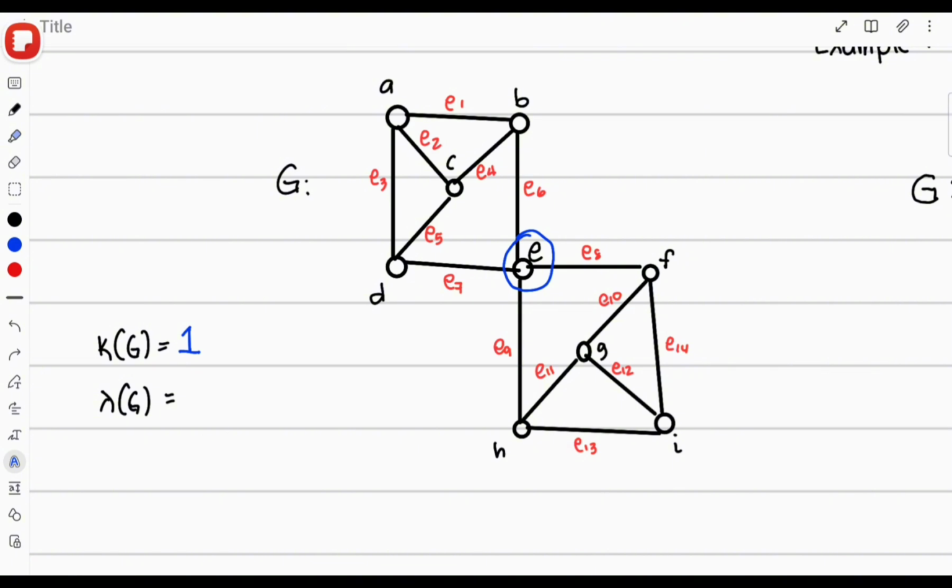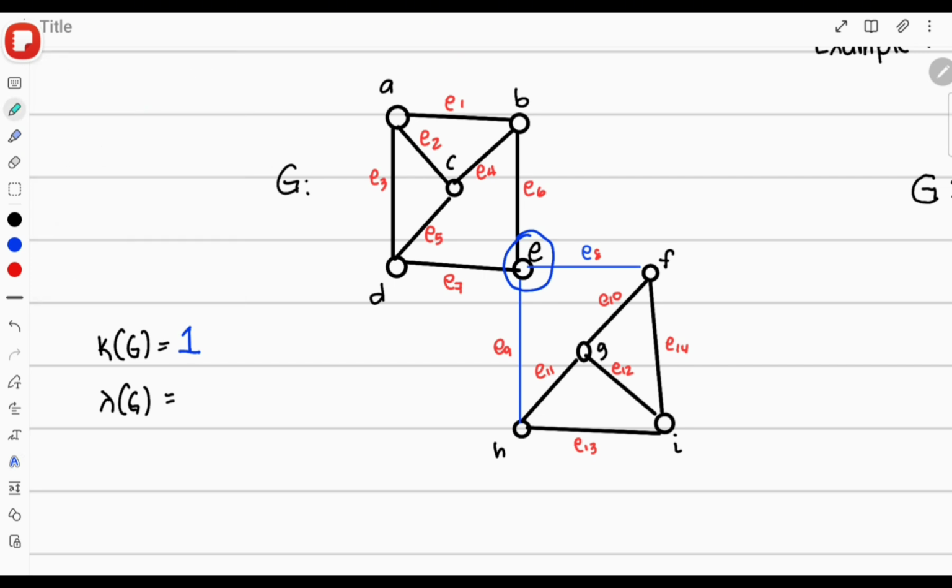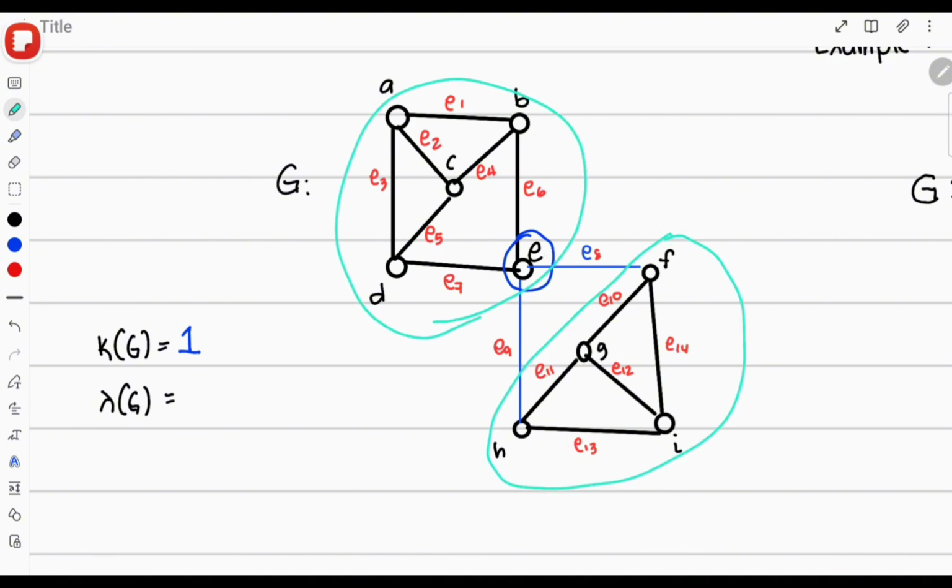So let's try two. Let's try this one and this one, so it's still connected. And if we remove this one, the graph is already disconnected. We have this graph and this graph, so that's just two edges.